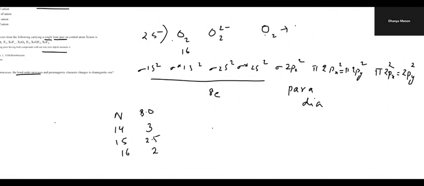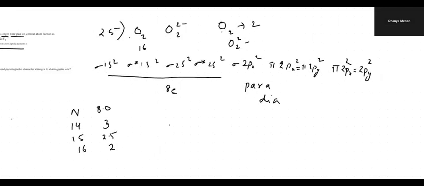And for O2 minus, the number of electrons is, it is 1.5. So 18, it will be 1. So for bond order, we check the number of electrons in bonding minus the number of electrons in anti-bonding, divided by 2. So bonding 2 to 4, 5, 6, 7, 8, 9, 10.